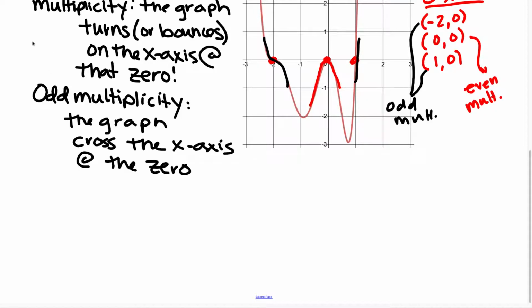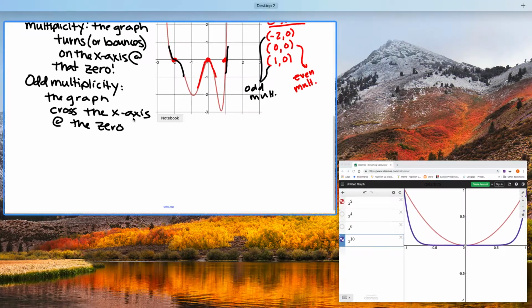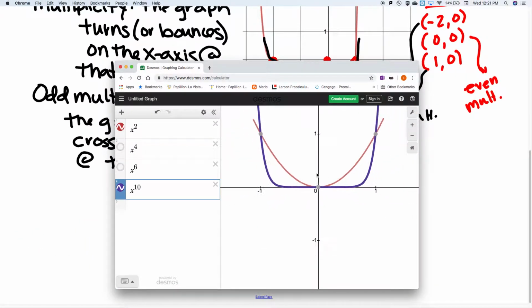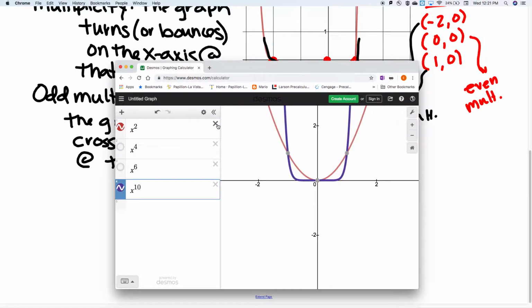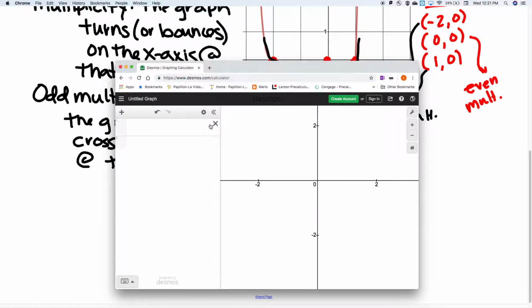Okay, that's because I would assume that x equals -2 has a multiplicity more than 1. It's odd, but it's more than 1. So I'm thinking maybe x cubed. I'll go back to this slide right here, and I'll get rid of all my evens.